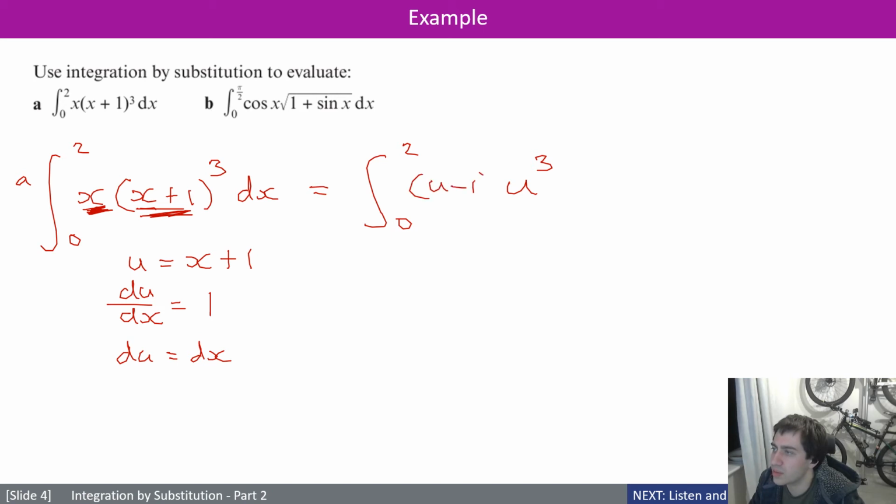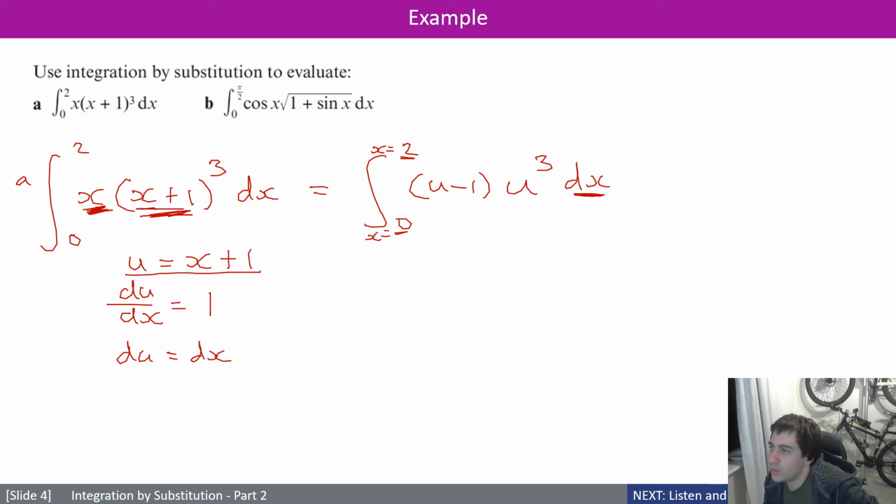By rearranging this, x is u minus 1. I'm going to keep this as dx for a moment. As soon as this dx gets changed to a du, at that exact moment, you need to also change these numbers, right? Remember, secretly, this 2 is x equals 2, and this 0 is x equals 0.